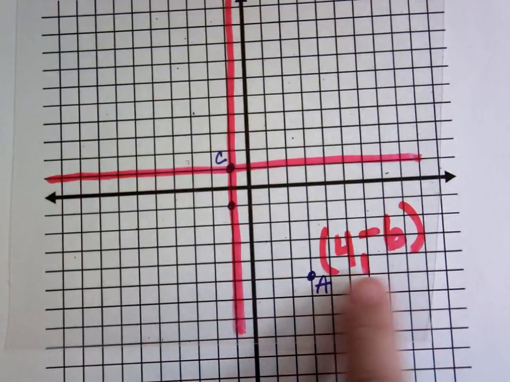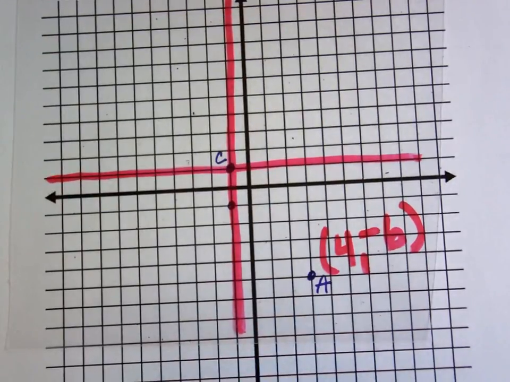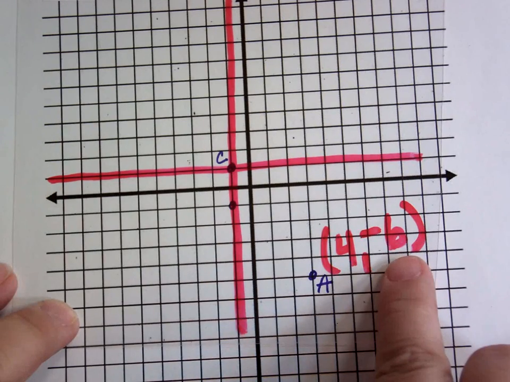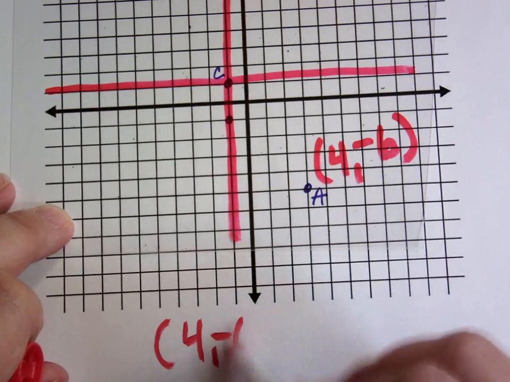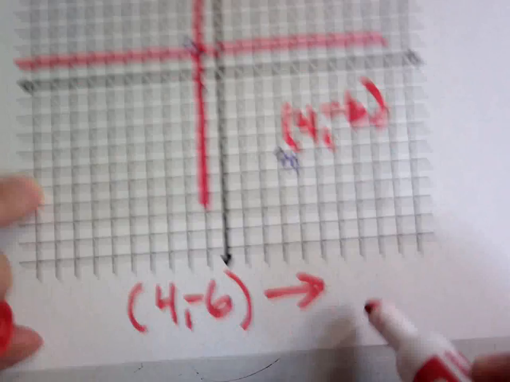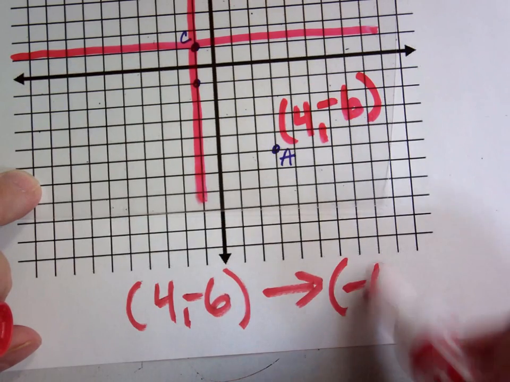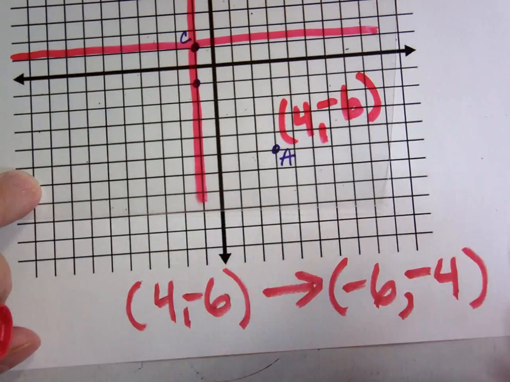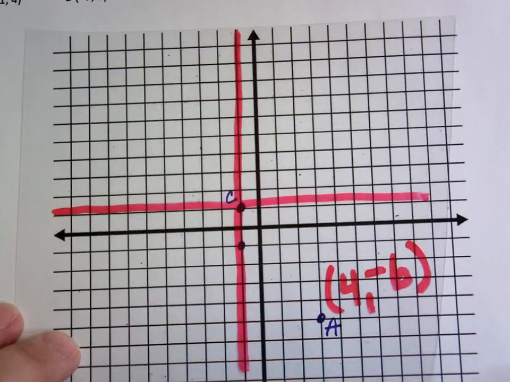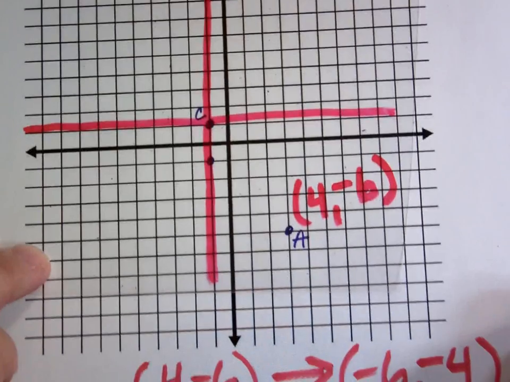So this is my x, this is my y. I'm going to change that to y, which is -6, then -x, so I change the sign of the x. So 4, -6 changes to -6, because that's my y, and then the opposite of my x. So -6, -4 is where that's going to move.